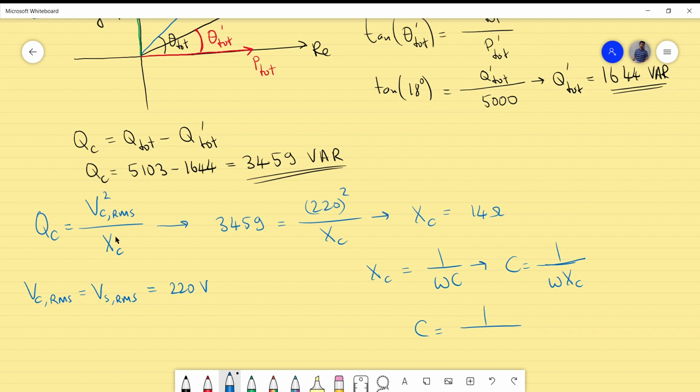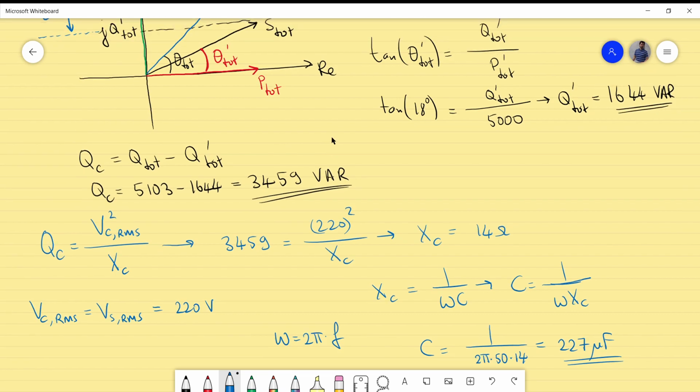So omega is 2 pi times f, and f is here 50. So I will have 2 pi times 50 times 14. This will result in 227 microfarads. So that is actually the result for question B.